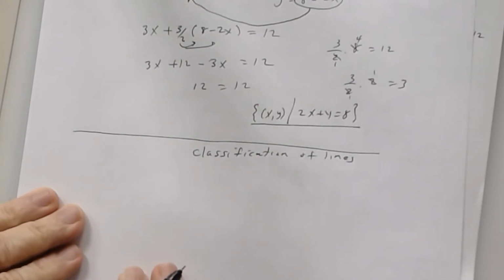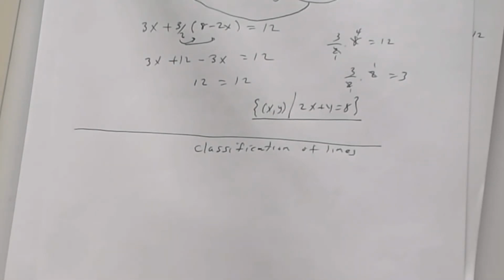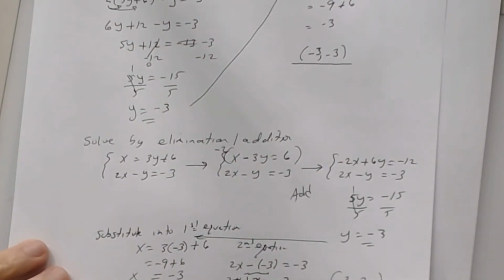All right, classification of lines. So when we started talking about systems, we looked at graphs. And in number 1 that we just did, how many solutions did I have? I didn't have 2 solutions. I had 1 solution, right?